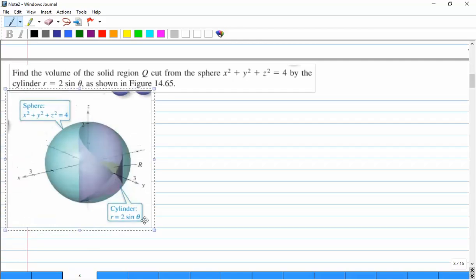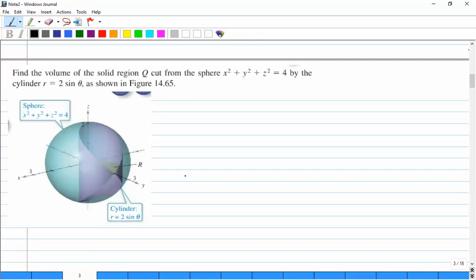All right, so here's the figure that goes along with that. Find the volume of the solid region Q cut from the sphere by the cylinder. Now the reason this doesn't look like a cylinder is that if the entire cylinder were drawn, it would go outside of the sphere.